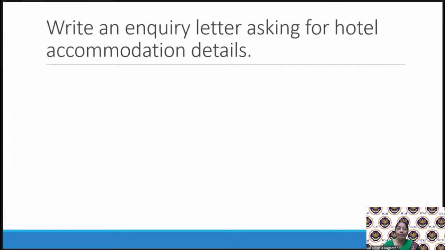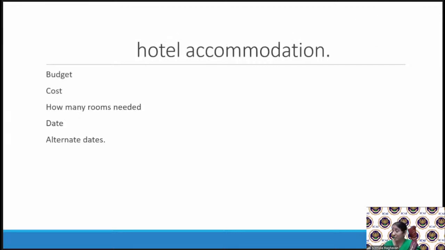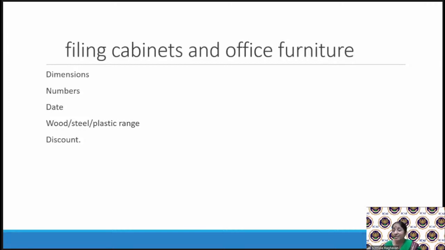I'm not giving you time to write this. So budget, cost, how many rooms needed, date, then alternate dates. Filing cabinets and office furniture: dimensions, numbers, date, wood, steel, plastic, the range, and the discount.